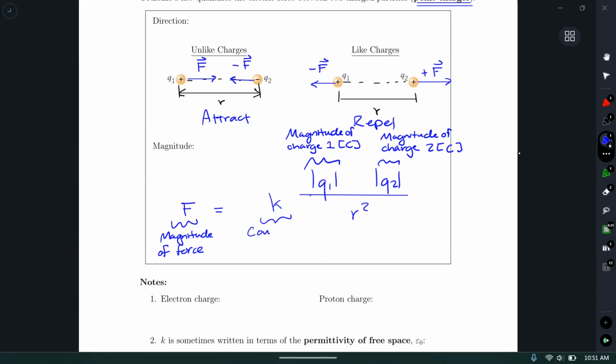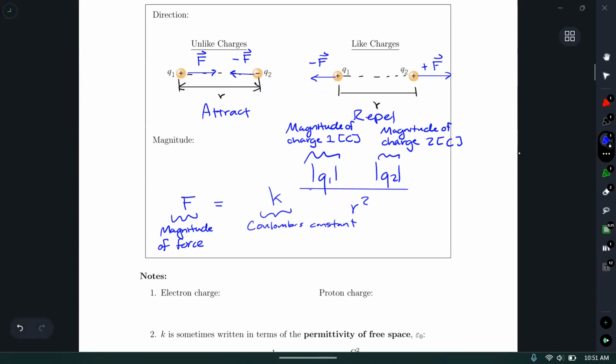So that's called Coulomb's constant, and it is equal to 8.99 times 10 to the 9th. The units are just what they have to be for the units of the equation to work out: Newton meter squared per Coulomb squared.